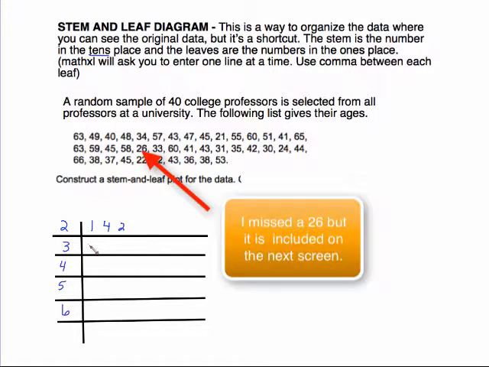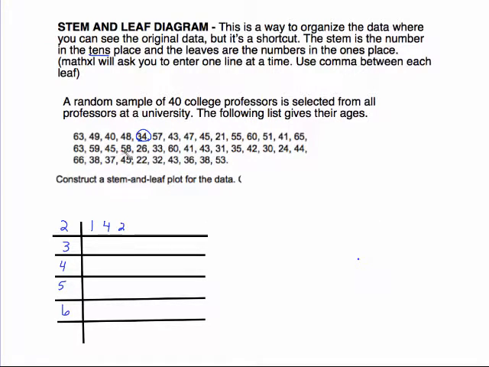All right, for my 30s, let's go through and find any of these. We have a 34. Nothing else here that begins with a 3, beginning with a 3 here, here, here, here, here, here, here, here. So that's 1, 2, 3, 4, 5, 6, 7, 8, 9, 10.